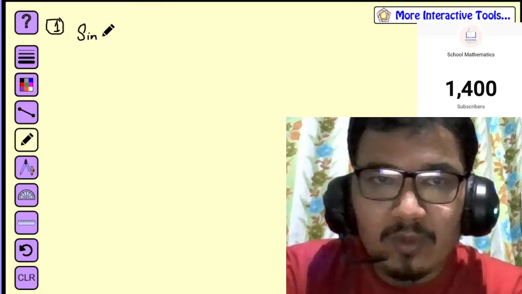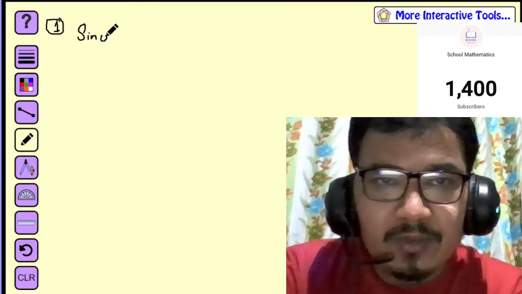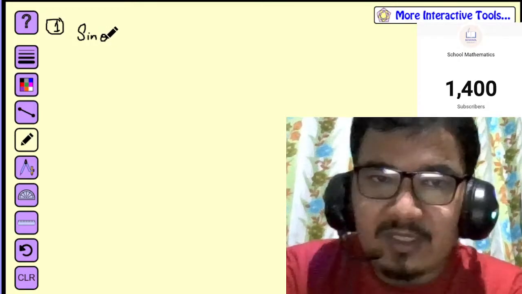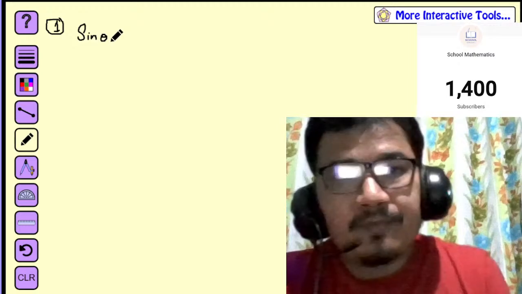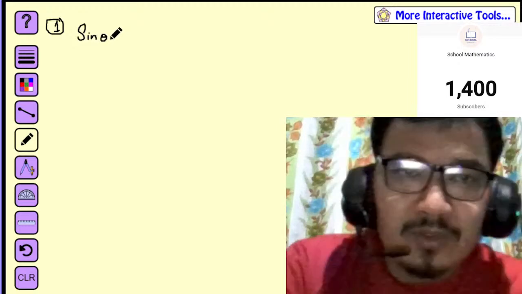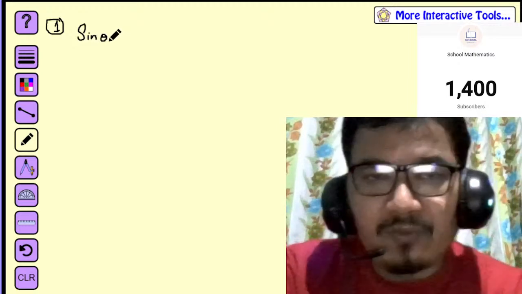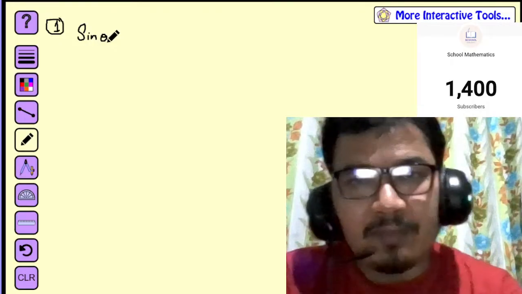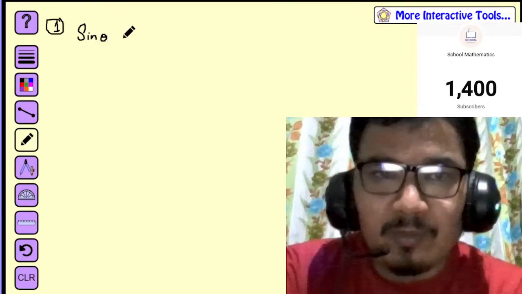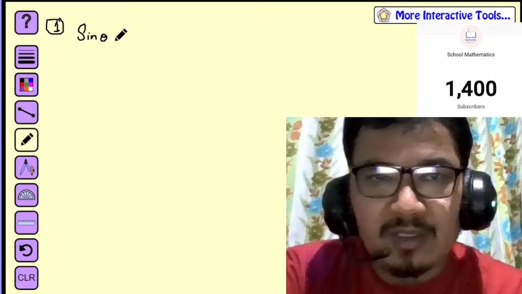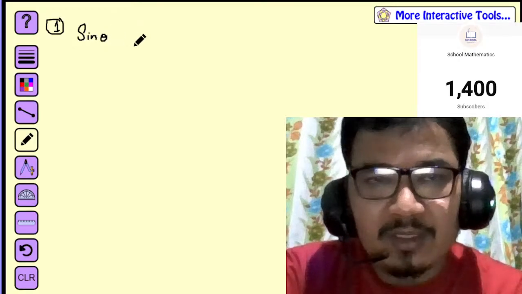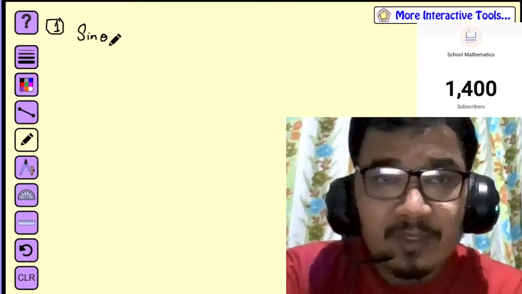And this symbol indicates the angle, okay, this theta. In place of this theta, there may be other symbols also, okay, alpha, beta, gamma, lambda, right? And other symbols will be used here. A, B, C, D also we use here, capital A, B, C, D till Z, right?